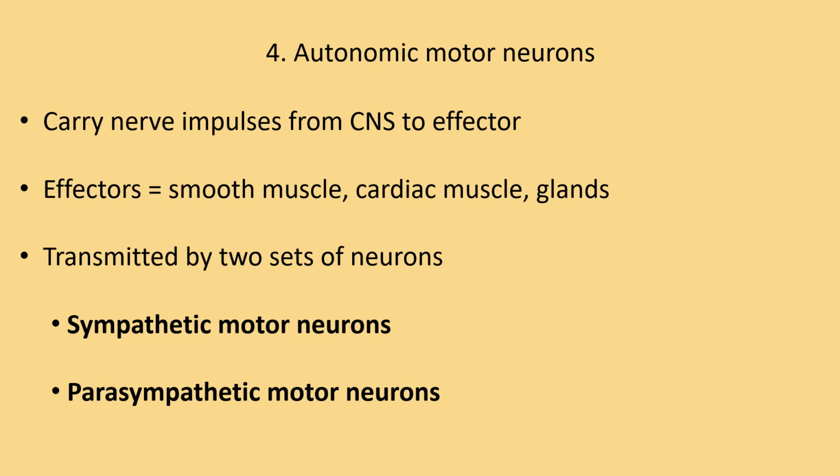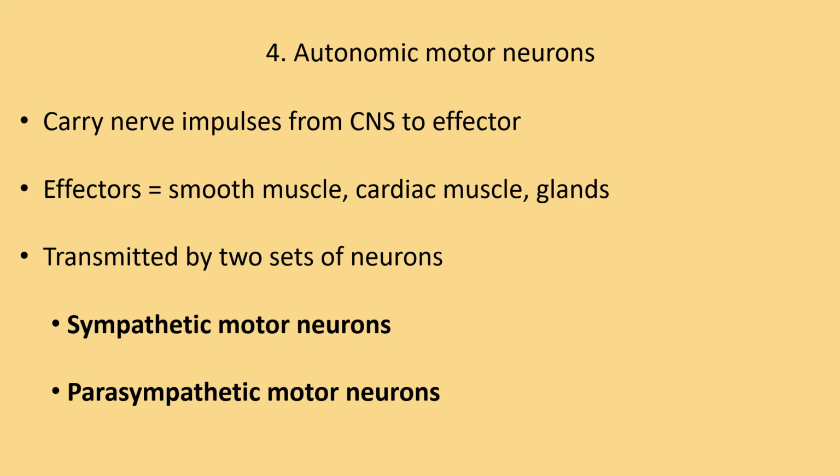And so what is the motor output? Motor neurons carry the nerve impulses from the site of integration to the effector. And there's a little reminder there that in the autonomic nervous system, the effectors are either smooth muscle or cardiac muscle or glands. And again, there are two different sets of neurons that deliver motor output to any given effector.